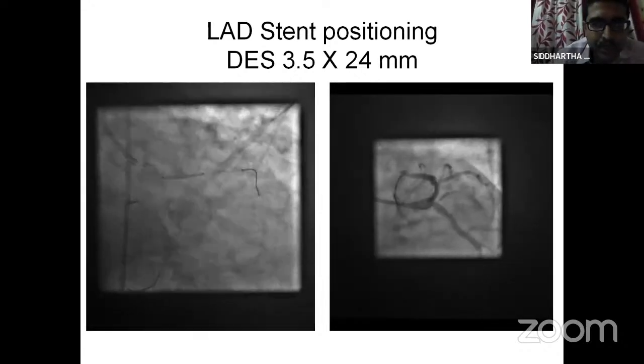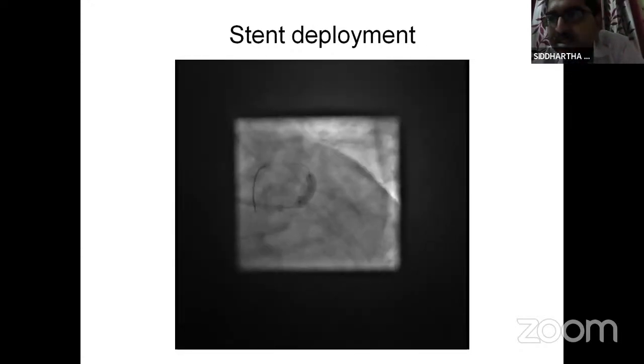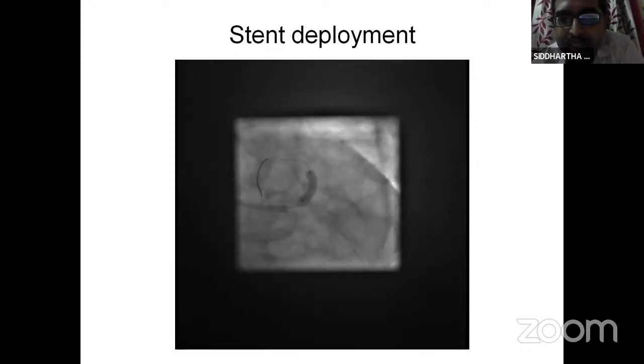So traditionally, in culotte, what we do is we place the second stent a little more proximally. The proximal end of the second stent comes further proximal than the previous stent, but here it is something like a reverse culotte strategy, where I left the stent. It is sort of a modified TAP, you can say, just protruding into the left main.